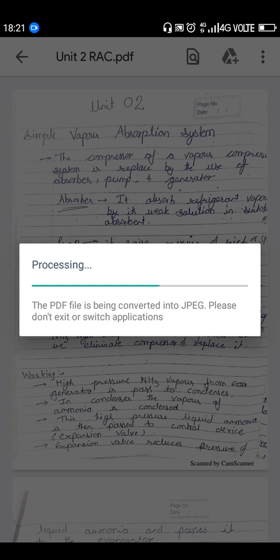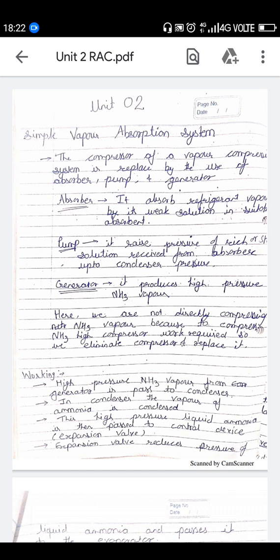Instead of the compressor, we are using these three components. The components like condenser, evaporator, receiver and throttling valves remain the same, whether it is a vapor absorption system or a vapor compression system.